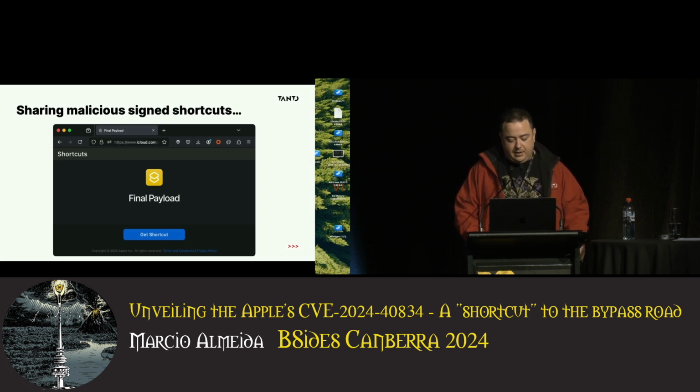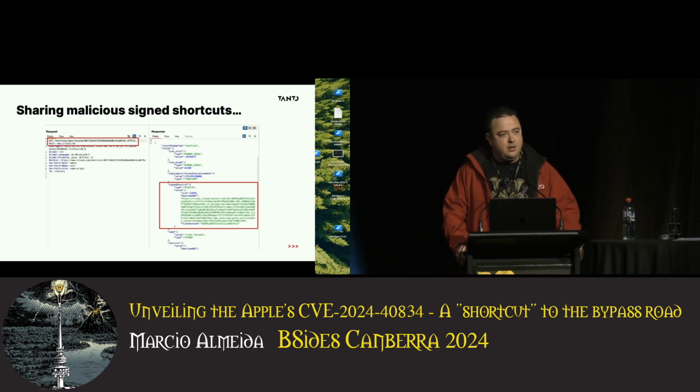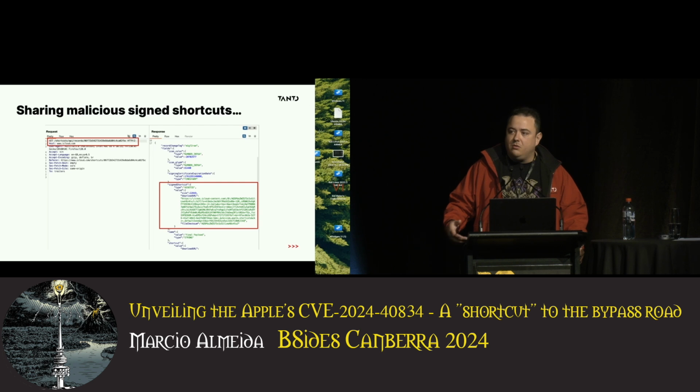And when you click that get button, it's basically a web request. If you put that through Burp, it's probably pretty small for you guys to see, but there's the link to download the signed shortcut. So you can simply use that link, download the shortcut file, and serve it in a different way, like emailing it to users and convincing them, or adding it to a different page and telling them they need to install that.